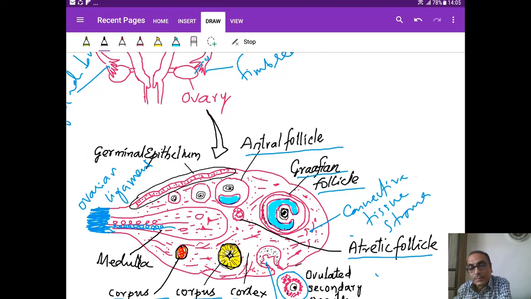And these germinal epithelial cells only undergo mitotic cell division, increase their number, and those excess cells which are produced, they descend down and they only surround the oocytes, forming the ovarian follicles. Okay, so that is the germinal epithelium.